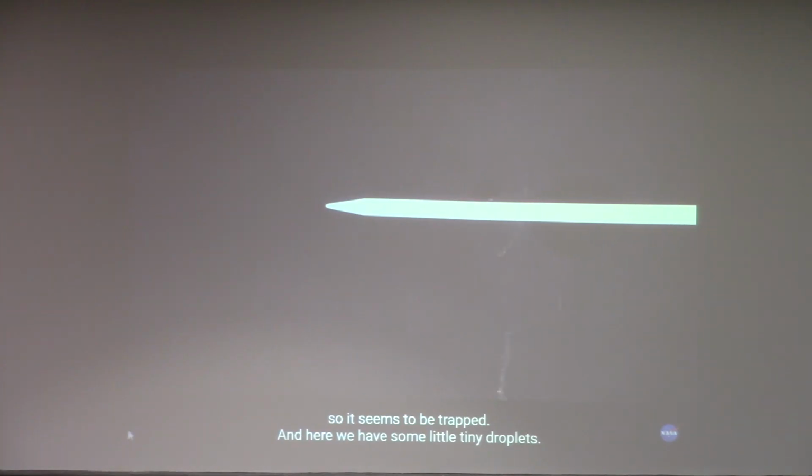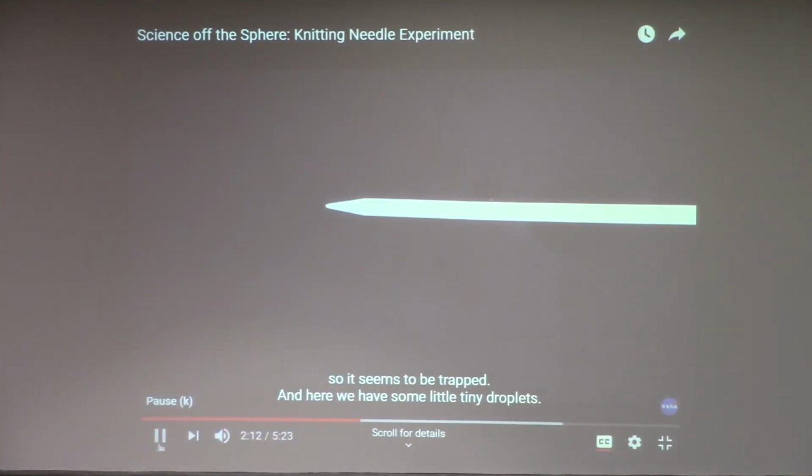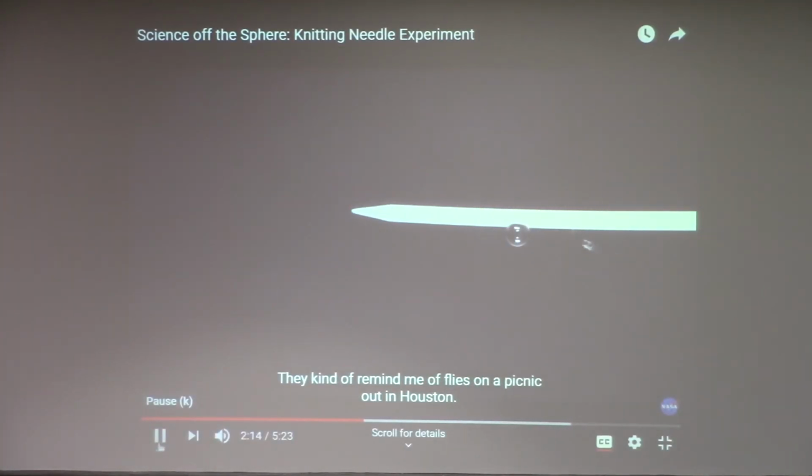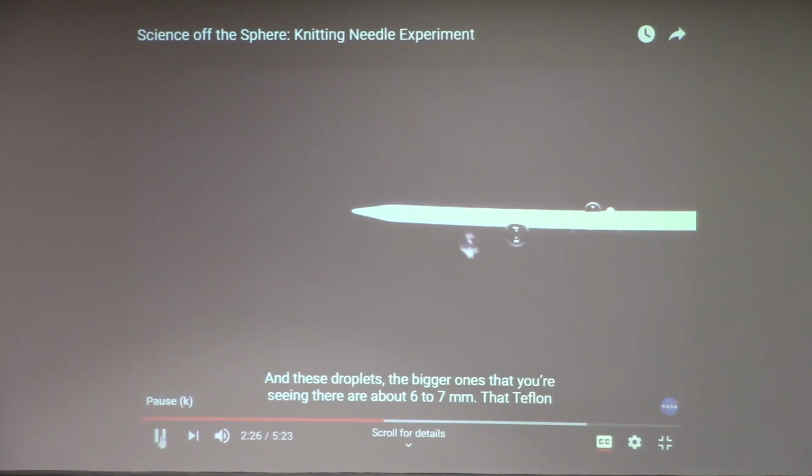So it seems to be trapped. And here we have some little tiny droplets. They kind of remind me of a picnic out in Houston. And these droplets, the bigger ones that you see there, are about 6 to 7 millimeters. That Teflon rod is about 6.5 millimeters in diameter.